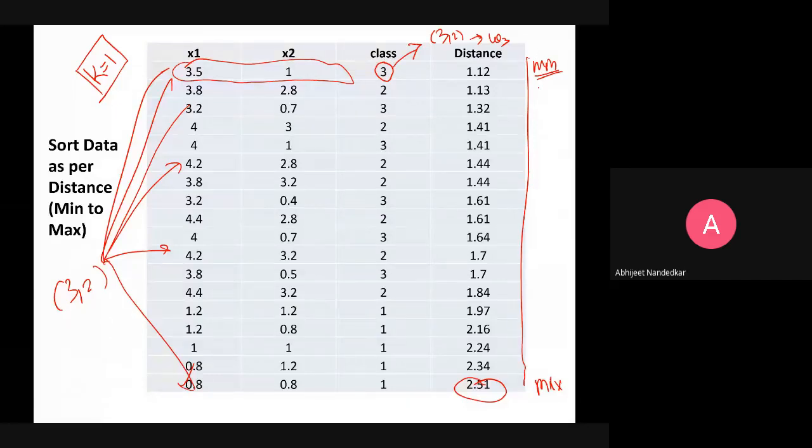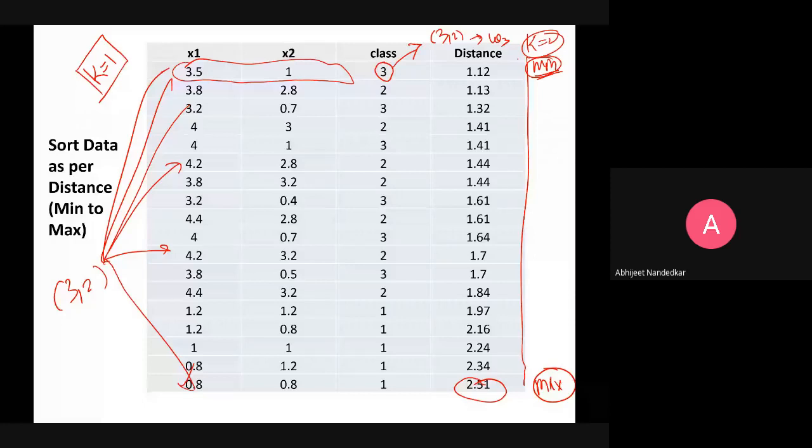Here I am using k equal to 2, that is the Euclidean norm in our Minkowski formula. From minimum to maximum, I am sorting these samples.